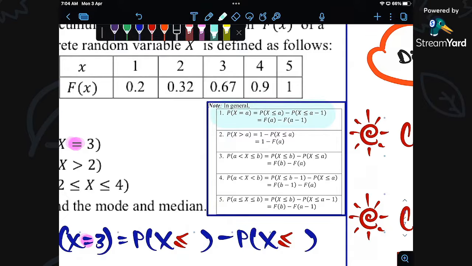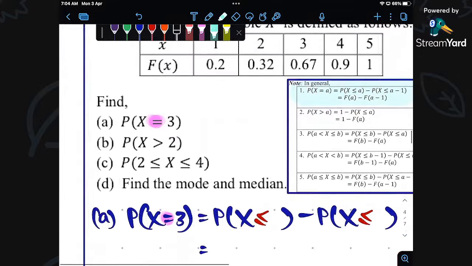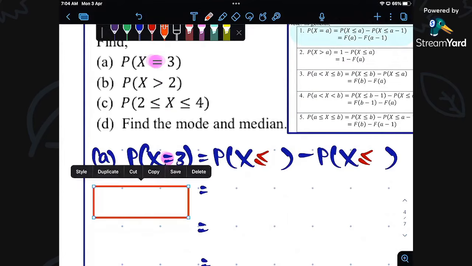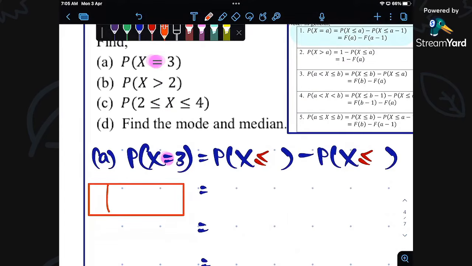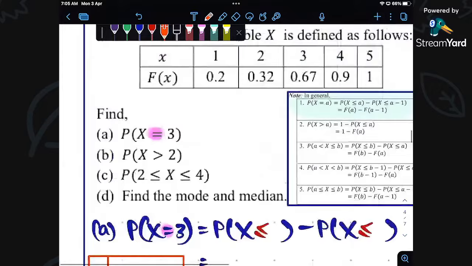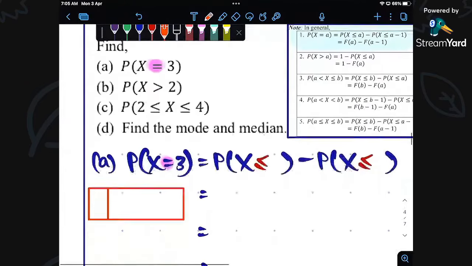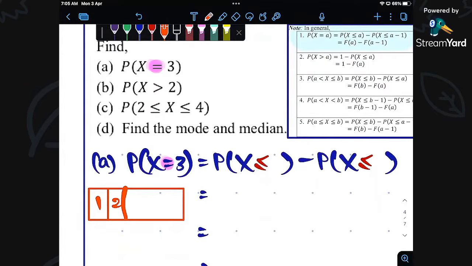But I actually do not want to teach you to use the formula and then memorize it. I don't really like that. I prefer if we can use these boxes, these boxes consisting of your data, your random variable x, which is 1, 2, 3, 4, and 5. So I will insert these numbers into these boxes.